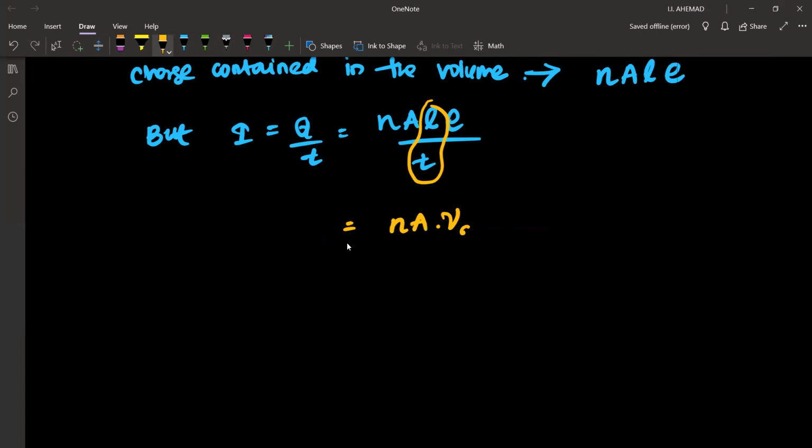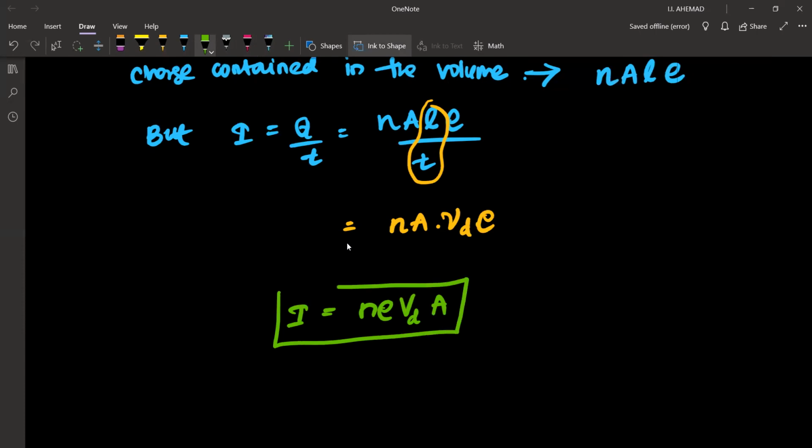NAVDE. So we come to the equation I is equal to NEVDA, VD is subscript. Just look, I never forget this equation, just an R missing. So you won't be forgetting this equation. You can always remember.